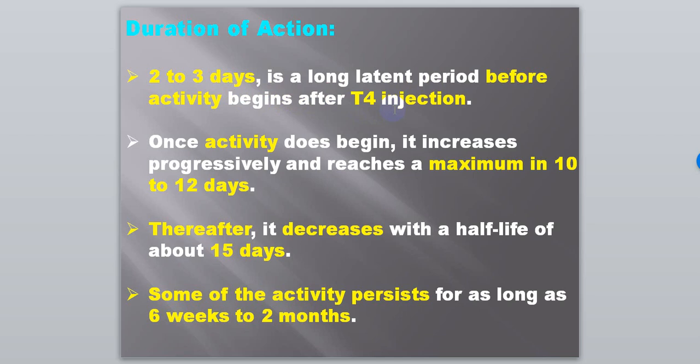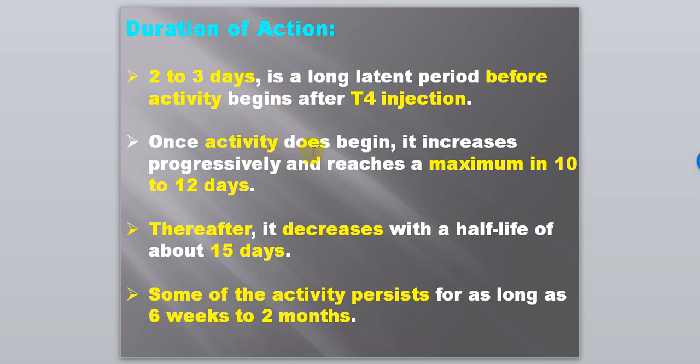This is an example: when a person takes T4, thyroxine, from outside as a drug, it takes about 2 to 3 days to still be inactive before being activated. So it's called the latent period after injection.